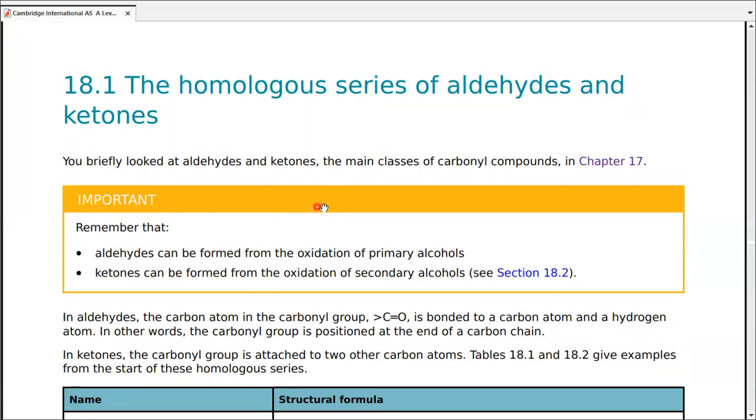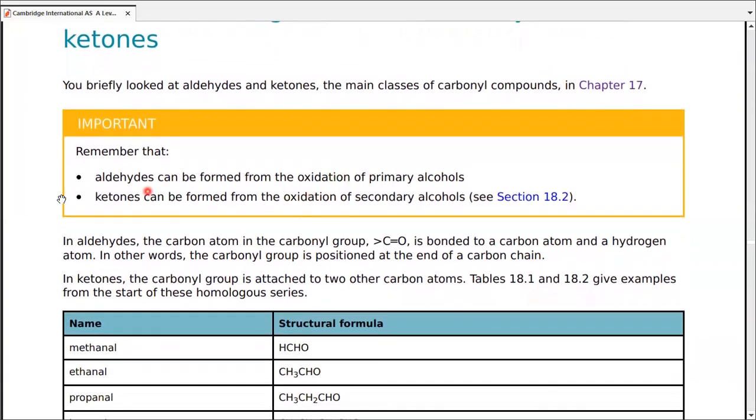So coming on to 18.1, the homologous series of aldehydes and ketones. Not to forget that aldehydes can be formed from the oxidation of primary alcohols. And I would also like to quote over here the alkenes. You may quote the specifics if you want to, but I'll be very straightforward: the alkenes that had H and R were actually converted, or oxidized, into this.